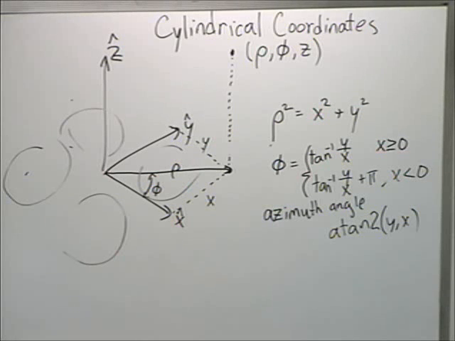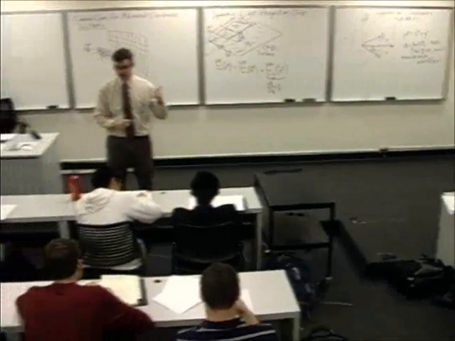Now, we don't want just a point in cylindrical coordinates. We would like to do some other things. We would like to be able to integrate in that coordinate system, because we're going to have to for this problem.